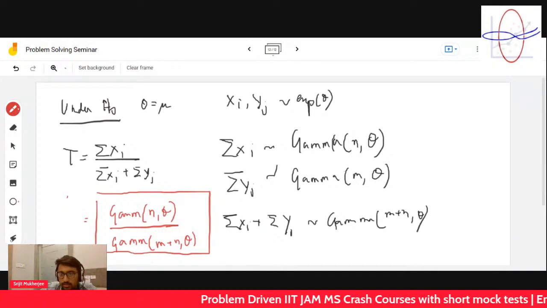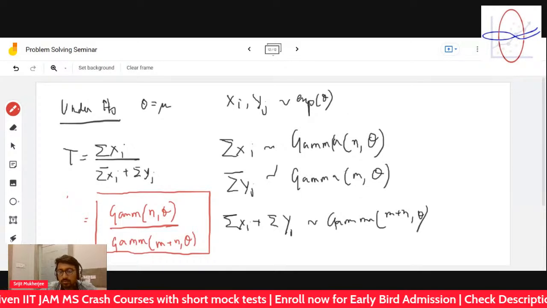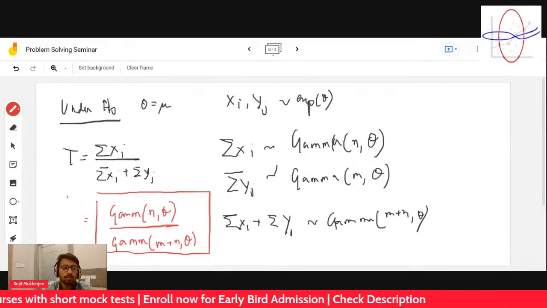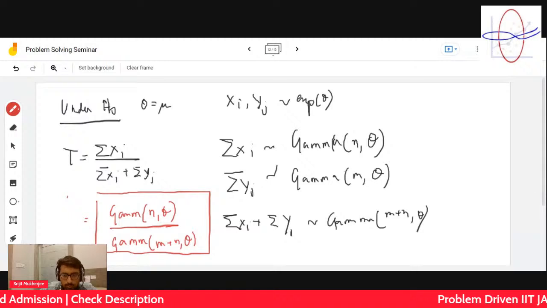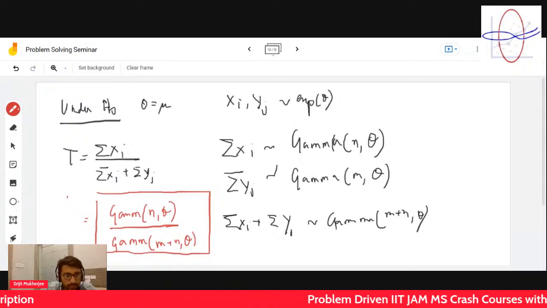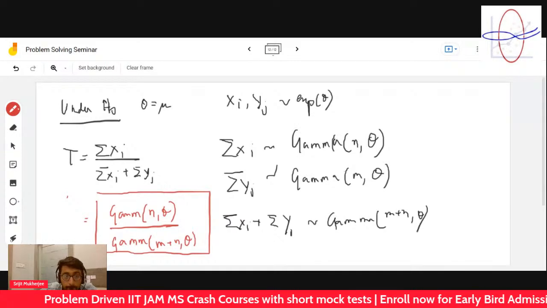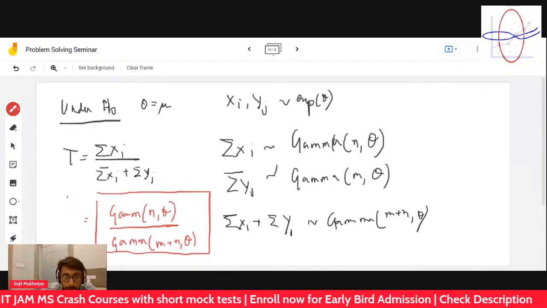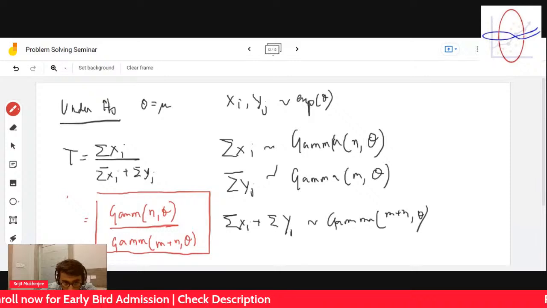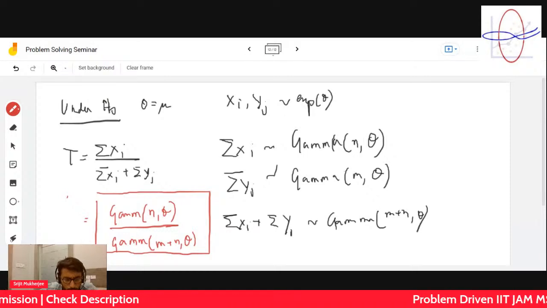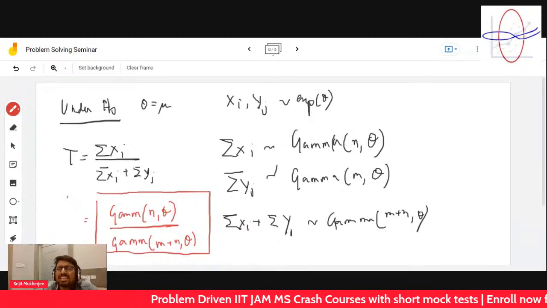Yeah, so the second kind distribution is x to the power alpha minus 1 by (1 plus x) to the power alpha plus beta. How is it related to the gamma distribution? The ratio of gamma n by theta and gamma m plus n, the ratio of two gammas, will be beta. Okay.